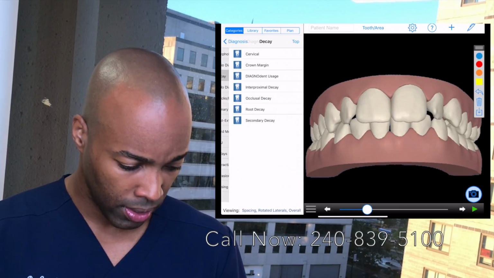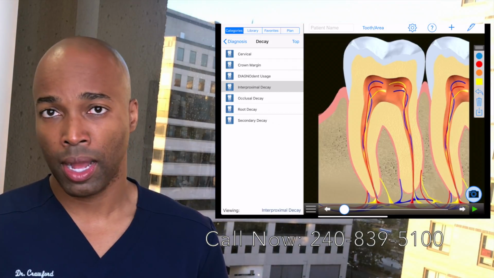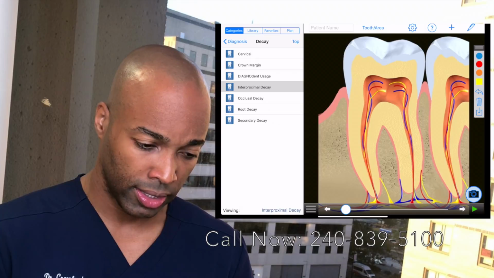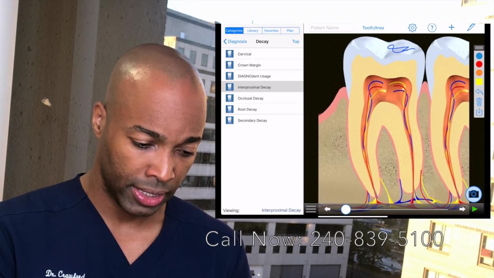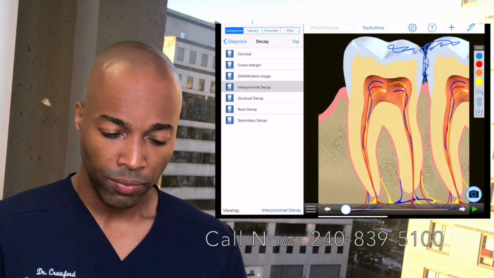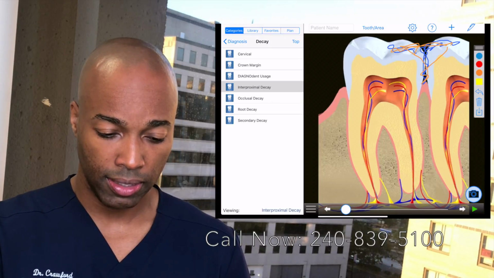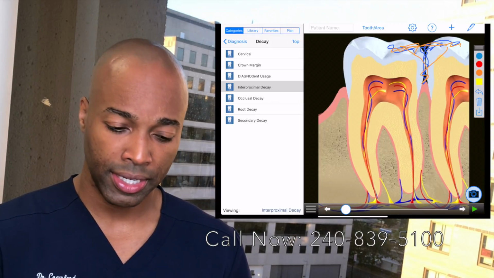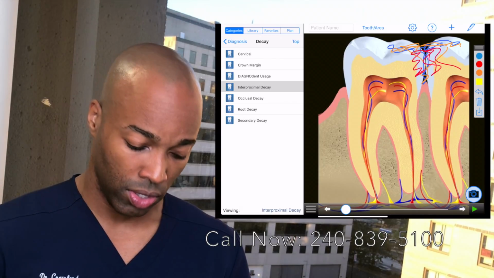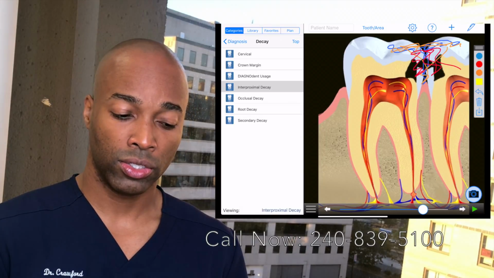We'll go to decay. And interproximal decay is the major problem of dentistry. A lot of times what we're seeing is a patient is eating food and then the food is getting down in here. When that food gets down in there, bacteria comes and eats it. Okay, once the bacteria comes and eats it, they lay acid onto the tooth, and what you see happening here is that decay starts to form.